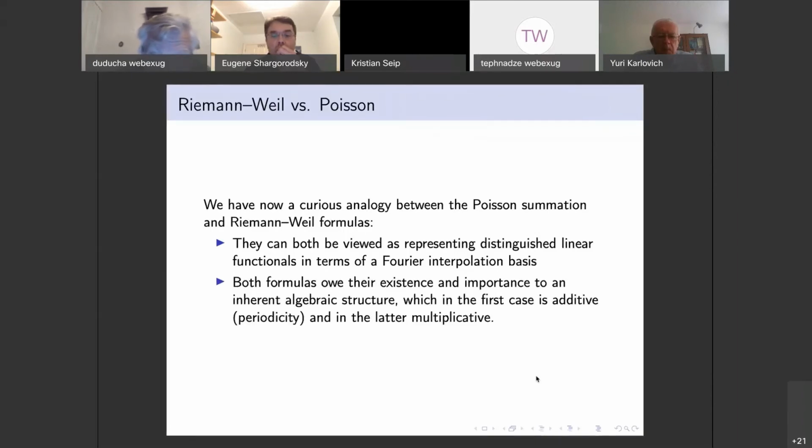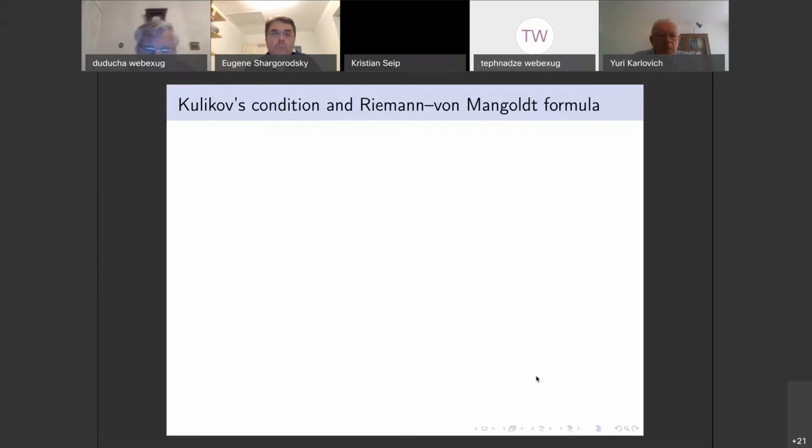And I also like to think of both of them as owing their existence and importance to an inherent algebraic structure, which in the case of the Poisson summation formula is additive, it's periodicity. And of course, in the Riemann-Weil formula, it's really a multiplicative structure.